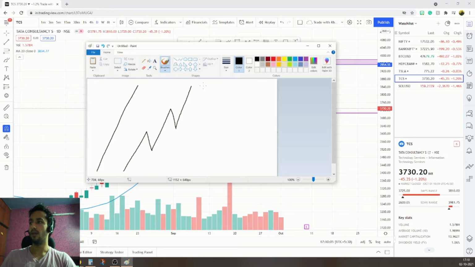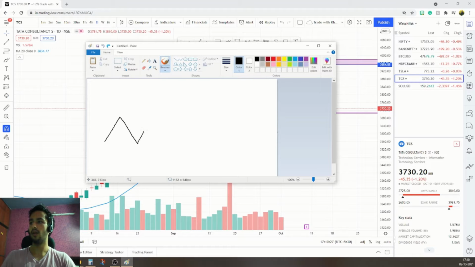Again, in the bearish trend, it doesn't simply come down like this. It comes down, then it creates a lower high, then it again comes down, and this is how a bearish trend works, right? The third type of trend is the sideways trend.